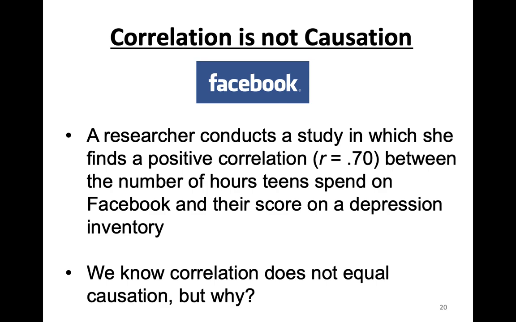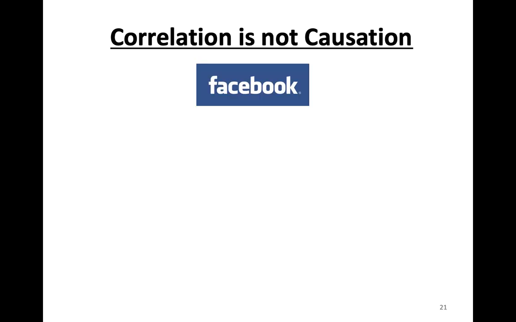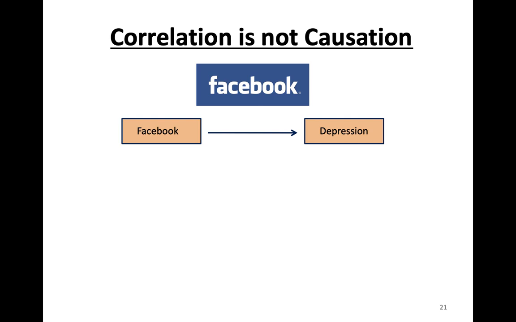So we've perhaps heard the adage that correlation does not equal causation, but why is that the case? Well, first things first, it could be the case that the number of hours that a teen spends on Facebook does in fact cause depression. That's the first explanation. It's one thing that we'll learn about later in this class, the idea of social comparison.